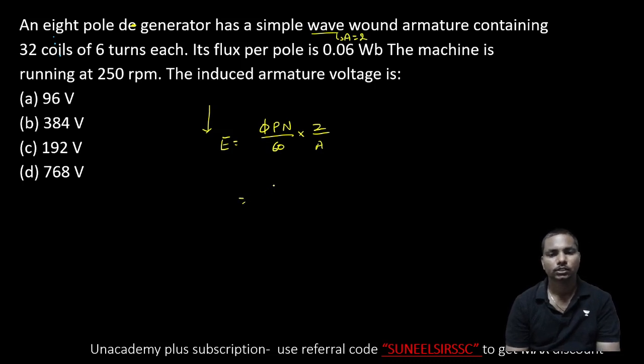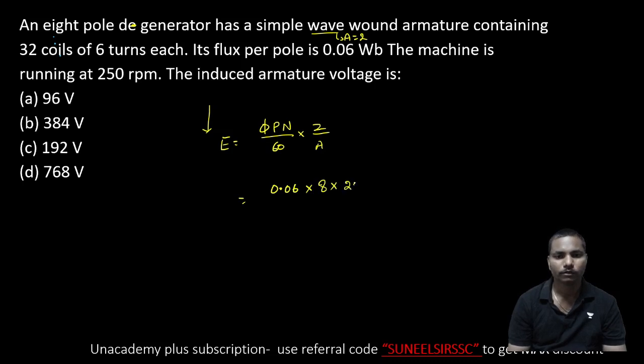Flux 0.06, 8 poles, speed 250 by 60 into Z, the number of conductors. Here it has 32 coils of 6 turns each, so total number of turns is 32 into 6.